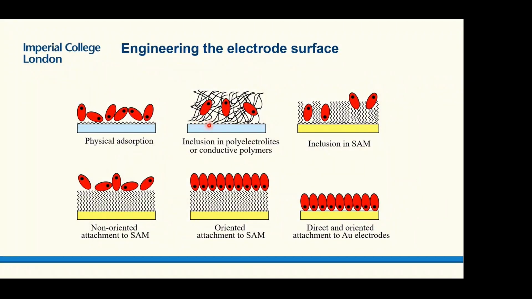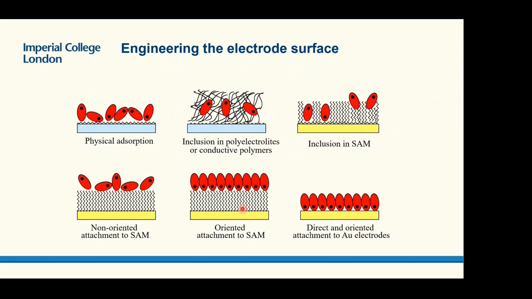You can include your protein in a layer of polymers, which can also be a conductive polymer that helps the electrical connection between the electrode and the immobilized protein. And you can also use self-assembled monolayers of different natures that you can construct.